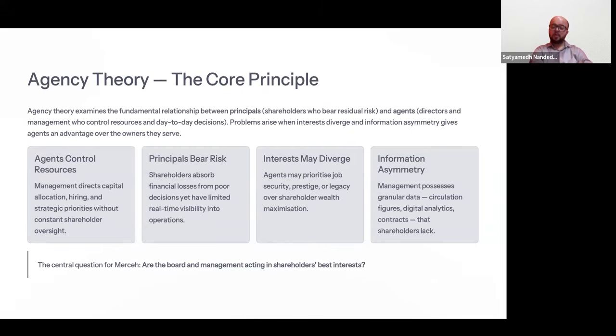And talking about information asymmetry, management possesses granular data, whereas shareholders only have a bird's eye view. शेयर के पास सारा इंफॉर्मेशन नहीं है, शेयर के पास सिर्फ लिमिटेड इंफॉर्मेशन है, मैनेजमेंट के पास सारा कुछ इंफॉर्मेशन है दुनिया भर का. ठीक है. So somewhere we might end up in a position where the directors will take the shareholders for a ride.